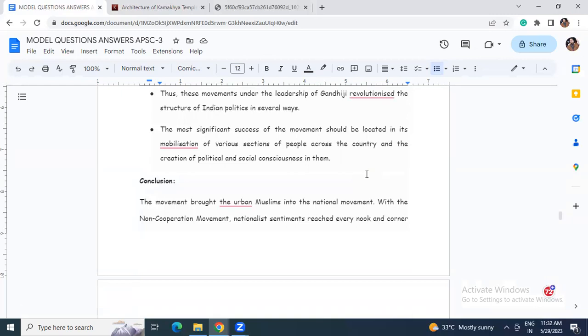Thus, this movement under the leadership of Gandhiji revolutionized the structure of Indian politics in several ways. The most significant success of the movement should be located in the mobilization of various sections of people across the country and the creation of political and social consciousness in them. Yes, that is the most important success, because now people from various sections of our country, of our India, took part in this particular movement.